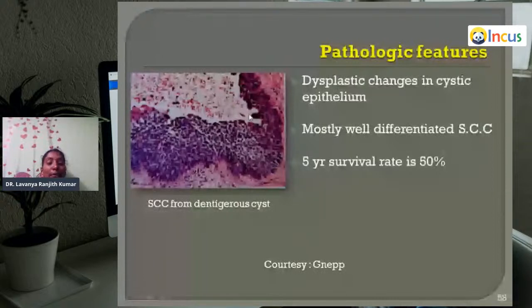There will be epithelial proliferation, hyperchromatic nuclei, loss of cohesion, and altered nuclear cytoplasmic ratio. A few dysplastic changes will be observed in the epithelial lining, and rete ridges also will develop. This will differentiate it from the normal dentigerous cyst. Mostly well differentiated squamous cell carcinoma occurs, and the 5-year survival rate is 50%.